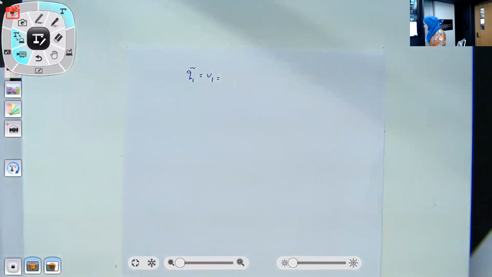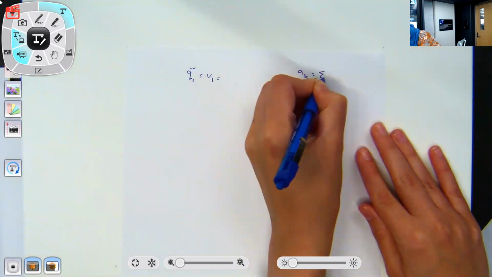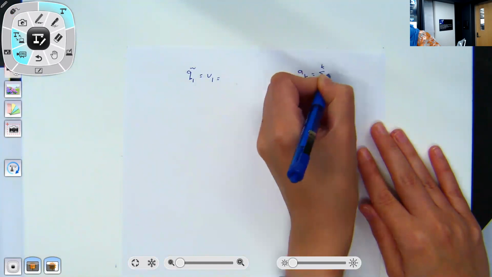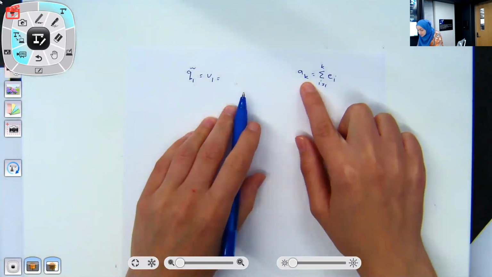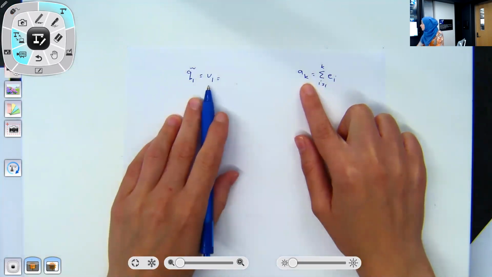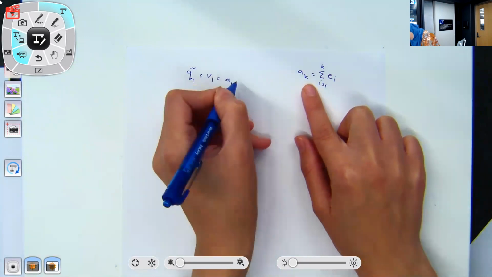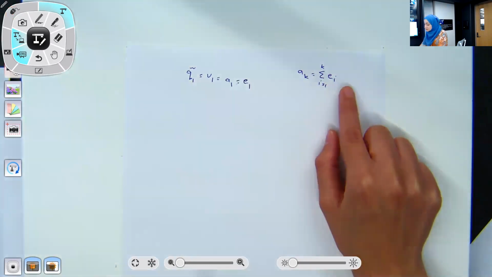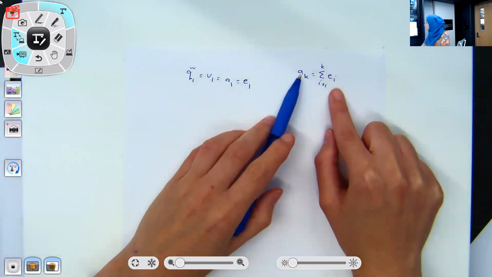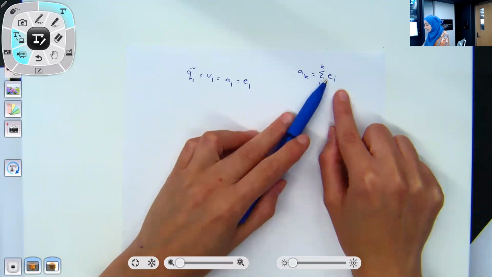In our case, we have ak equal to the summation from i equal 1 up to k of ei. So when k equals 1, this will give you the first vector, v1. This is a1, which in this case is e1. Why? Because they give you that ak equals the summation from i equal 1 up to k of ei.